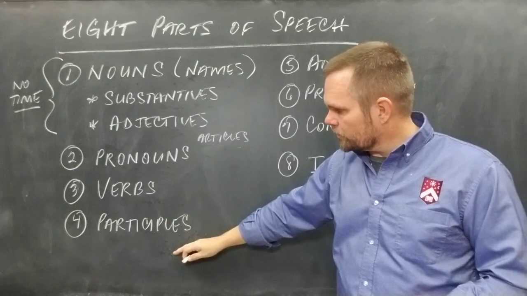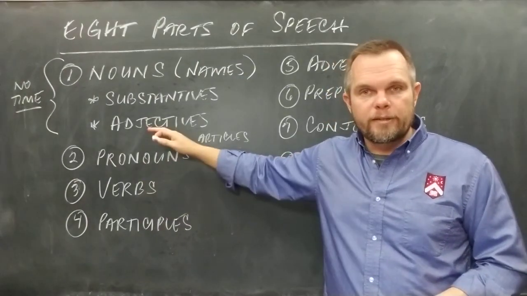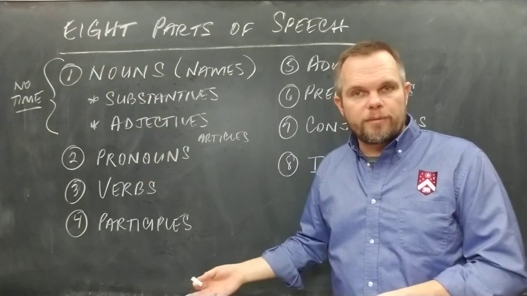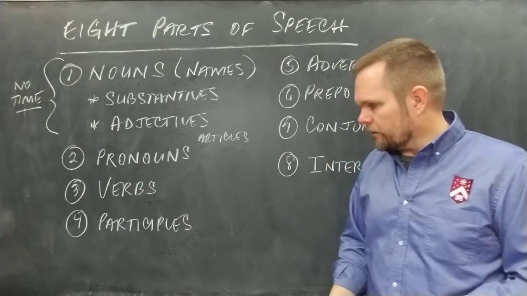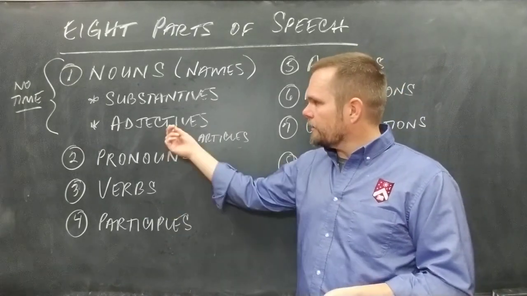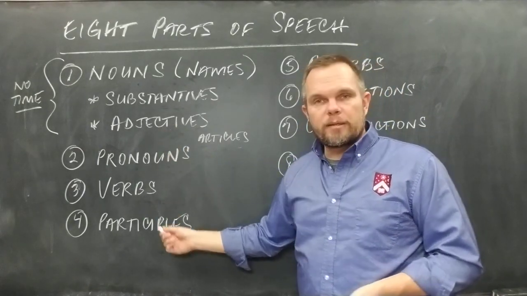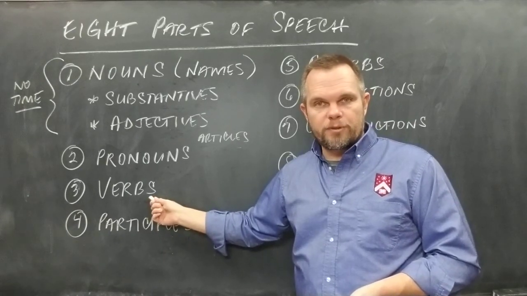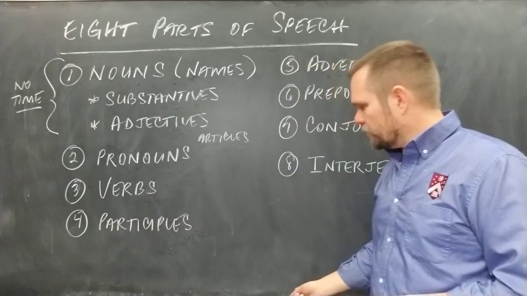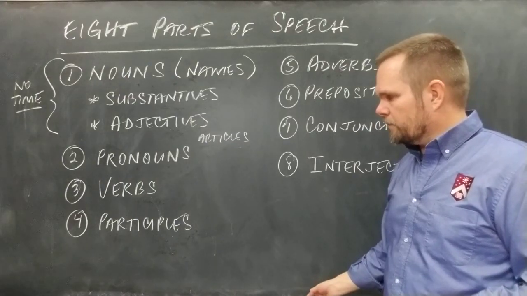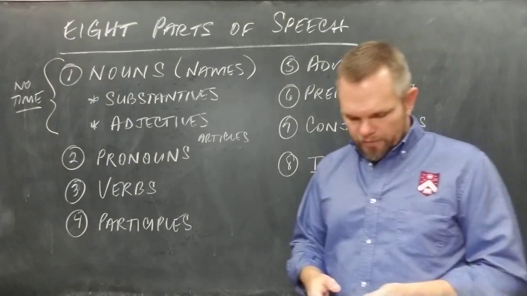So participles are verbal adjectives or adjective verbs. It's a separate part of speech. They have qualities of adjectives, but they express time like verbs. Okay, so participles are a fourth part of speech, and we'll learn about them later in grammar.